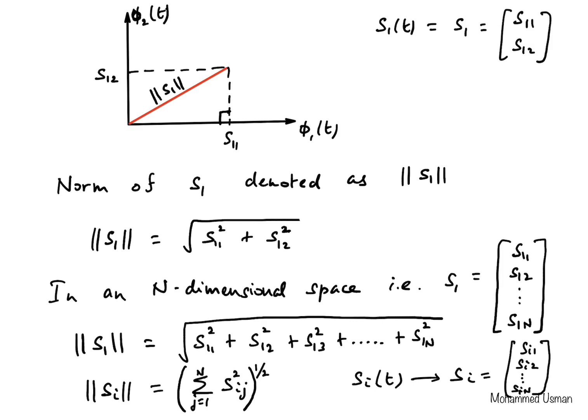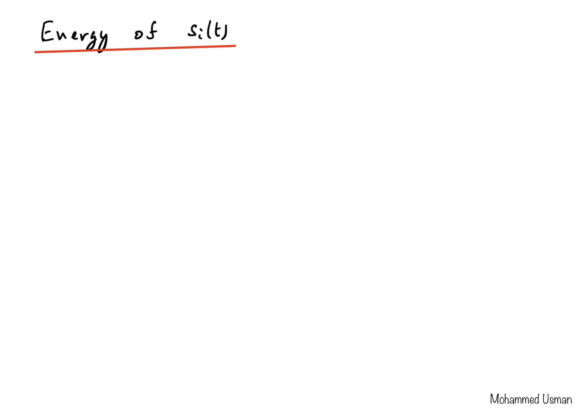Now we want to see how to compute the energy of the signal based on its vector elements, okay? We saw previously the general equation to find the energy is just integrating the squared function of time, and that gives us the energy. But in vector terms, we will see how to compute the energy now.